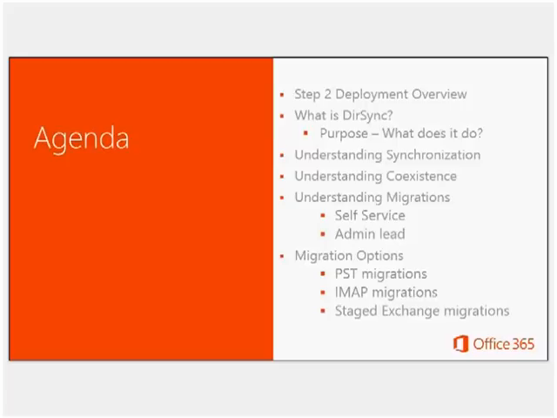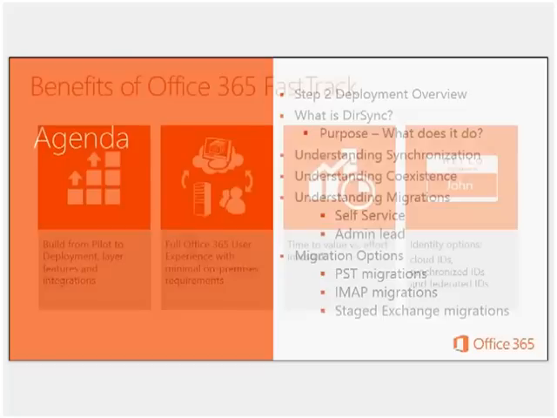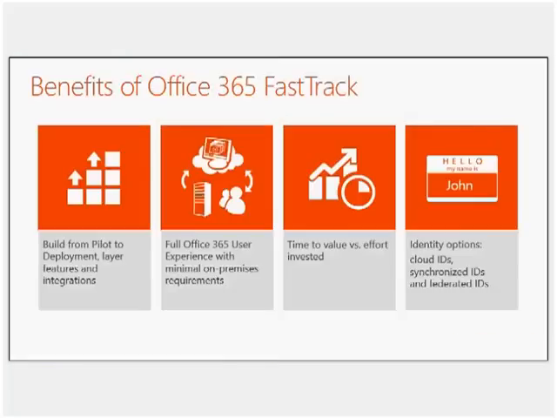from an Office 365 perspective. I wanted to quickly highlight that what we're talking about fits along the lines of FastTrack and the FastTrack deployment methodology, where you start with the pilot, utilizing the services with cloud IDs, having full access to E3 and moving through a ton of the more business value scenarios, having that full Office 365 experience with minimal on-premises investments.